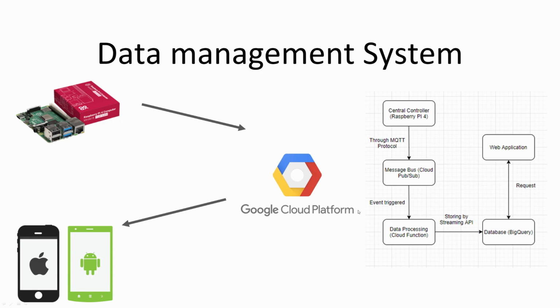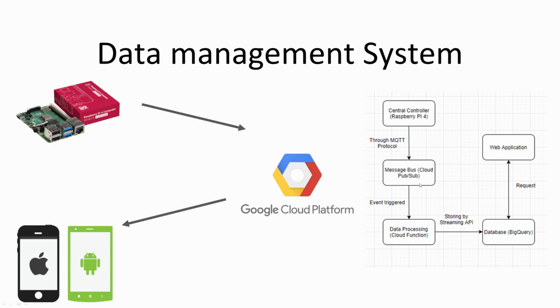So thank you, and now I'm going to talk about what we are going to do after we collect the data from the central controller. And here is the data management system. As you can see, after the central controller collects the data from the Raspberry Pi, it will send the data through the message bus with the MQTT protocol to the cloud Pub/Sub.